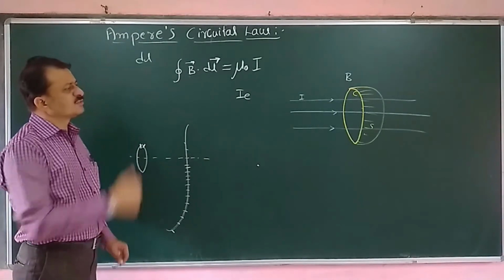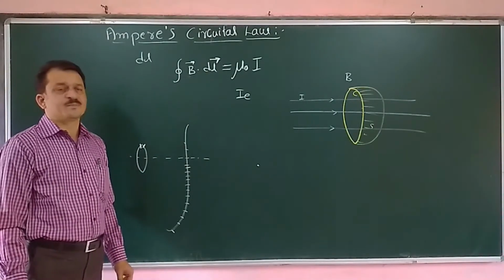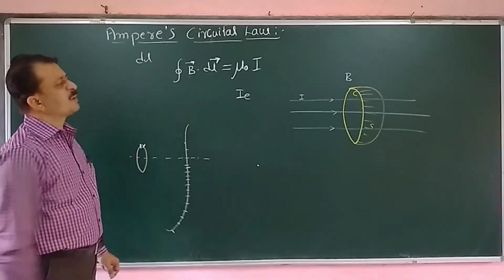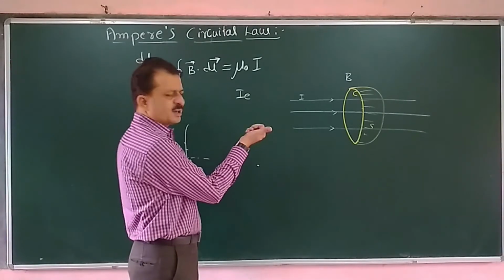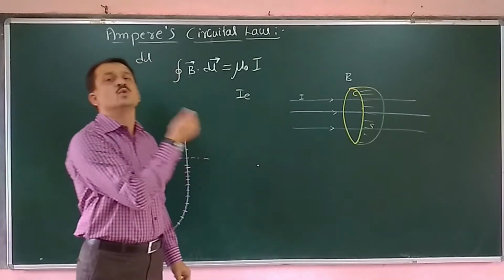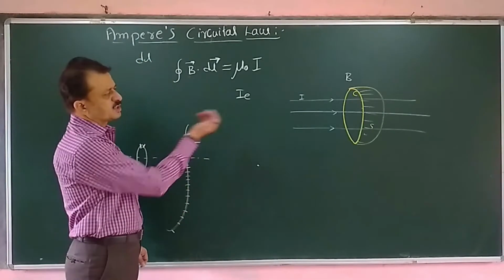Now what is the direction of this magnetic field? Here the direction of the magnetic field is once again given by the right hand rule.